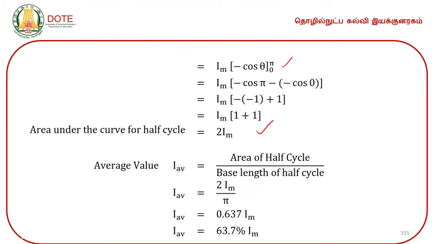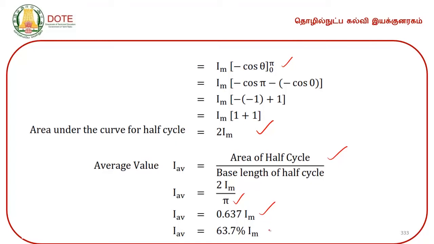So, it is the area under the curve for half cycle. Then the average value is equal to the area of the half cycle divided by the base length of the half wave. The base length of half wave, as I have already told you, is pi. So, upon calculation you get the average value of current equal to 0.637 Im.